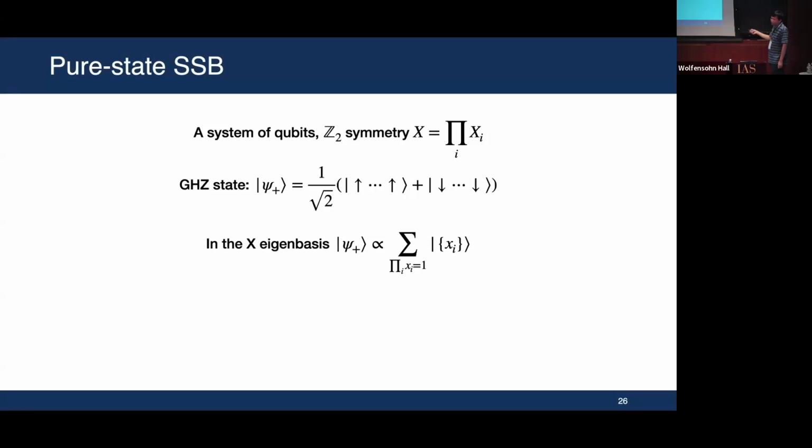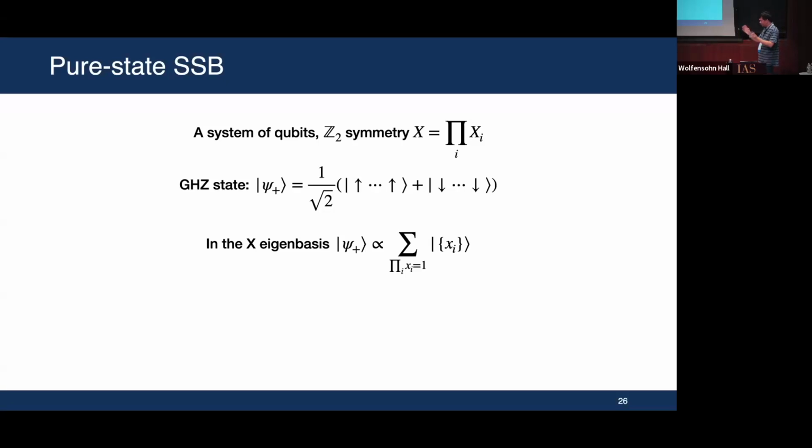So this is how we usually write the state, but we can also write it in the X basis. I forgot to mention up and down are the eigenstates of Z operators. So this is written in the Z basis, but we can also write it in the X basis. And then if you write it in the X basis, you actually get a huge superposition of all possible bit strings of x. Little x are the eigenvalues of the Pauli X_i on site i.